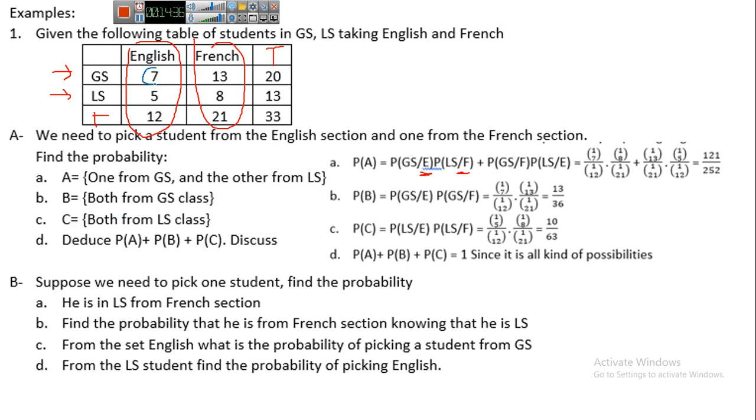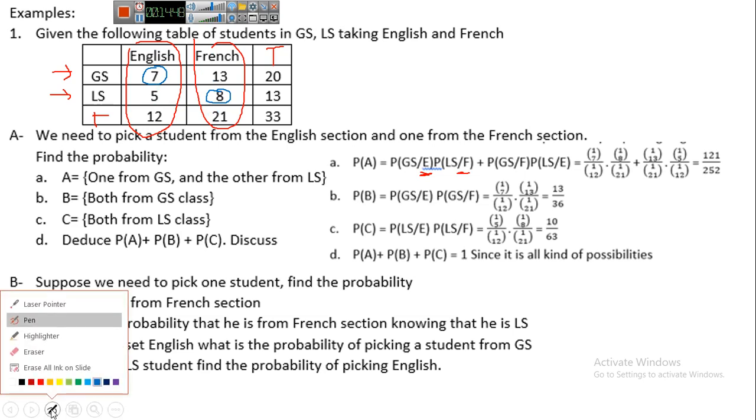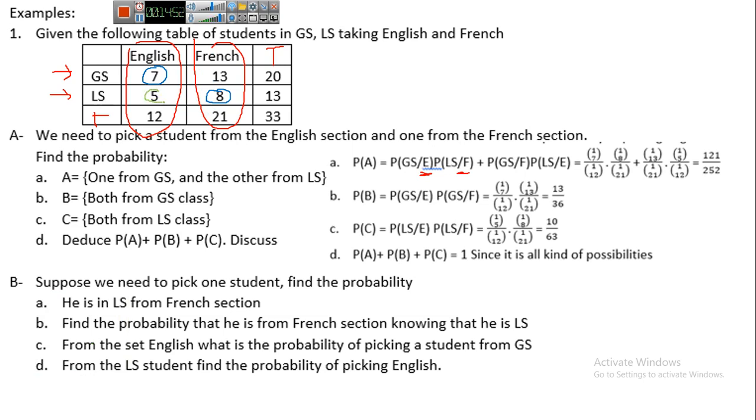Either I pick GS from the English, and at that time I will pick French from LS, because I want one knowing from English, one knowing from French, but one from GS, one from LS. Or I pick one LS from English and one from French. So how do I write it?